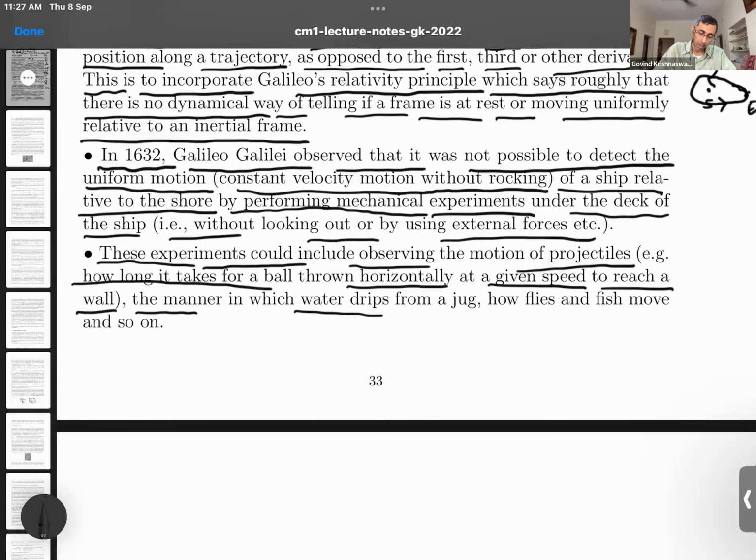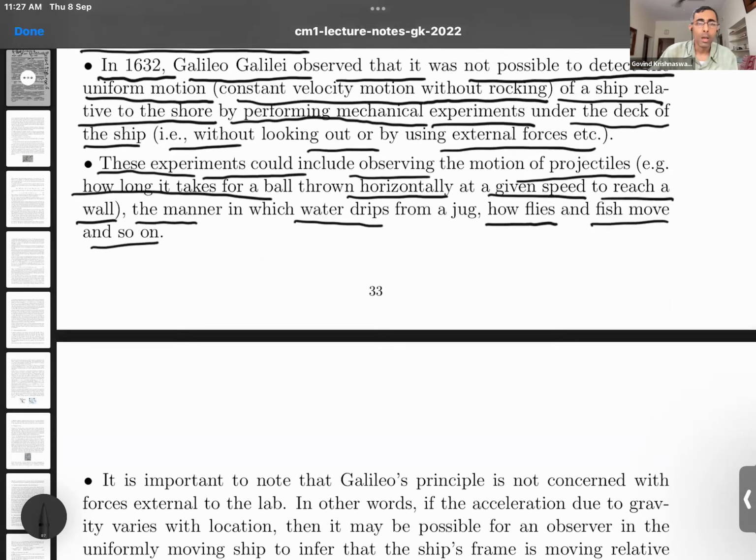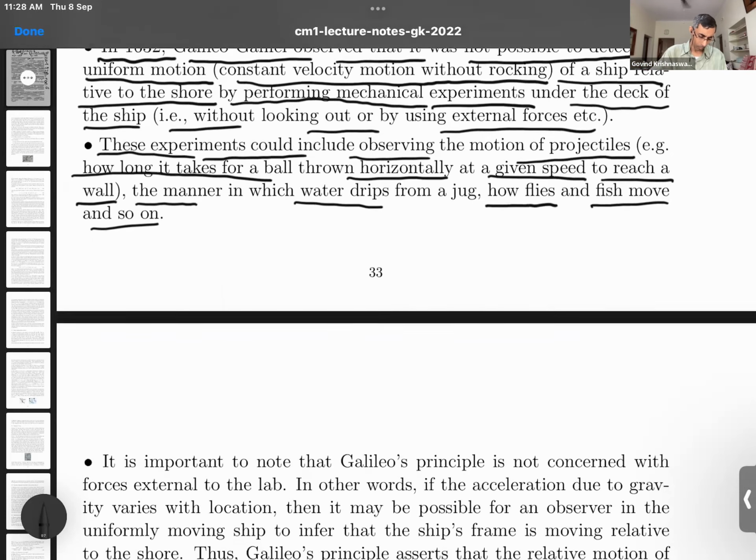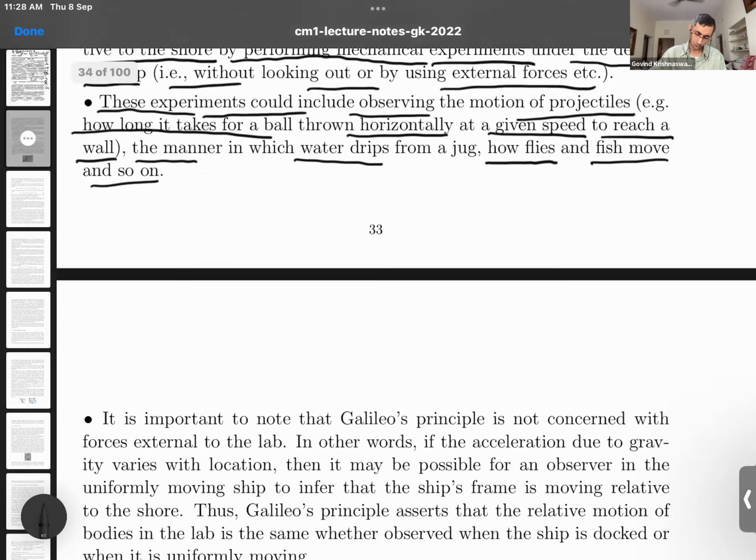You can even observe how flies move, how fish move in a little tank inside that place. He did all these kinds of things. And he found that there was no way to tell between a ship at rest, anchored to the shore, and a ship that is moving uniformly. So this is a very significant discovery that Galileo has noted and presented in his book.